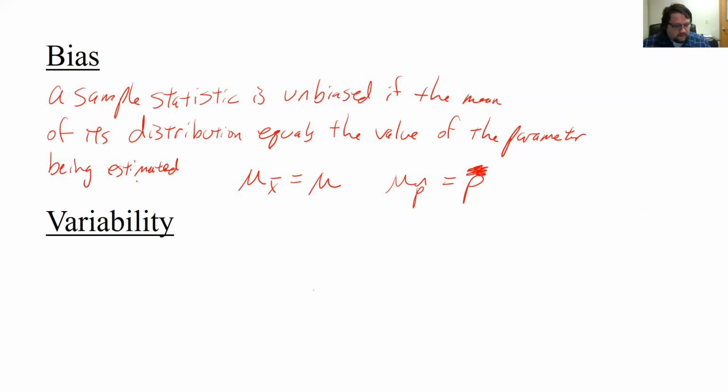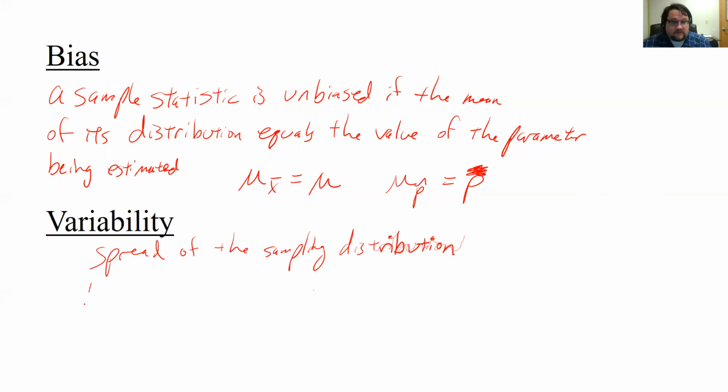Okay, so what's variability? This is the spread of the sampling distribution. I don't know why I suddenly started acting. Okay.